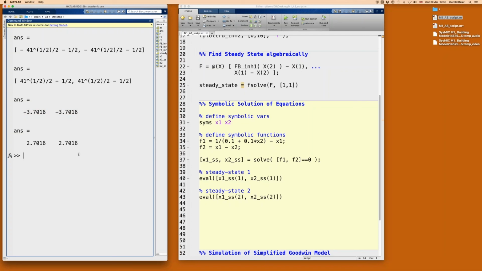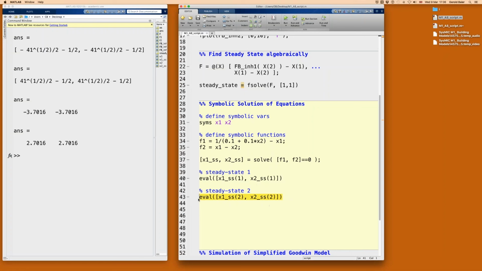Of course, looking at these numbers, minus 3.7, we'll discard the negative one because we don't want to look at negative concentrations. That doesn't make a lot of sense, but mathematically it's there, and it's the symbolic way to tell us what its value is. So let me just quickly repeat this.